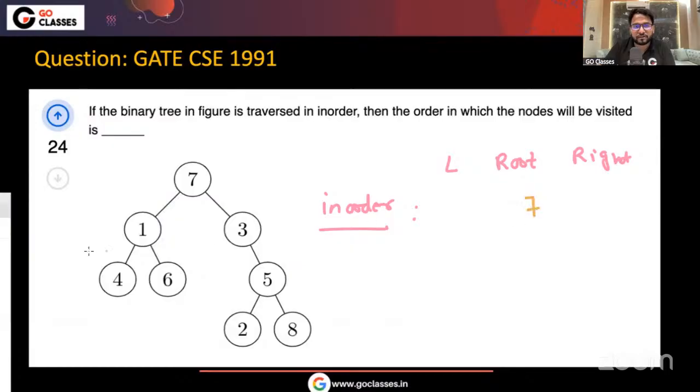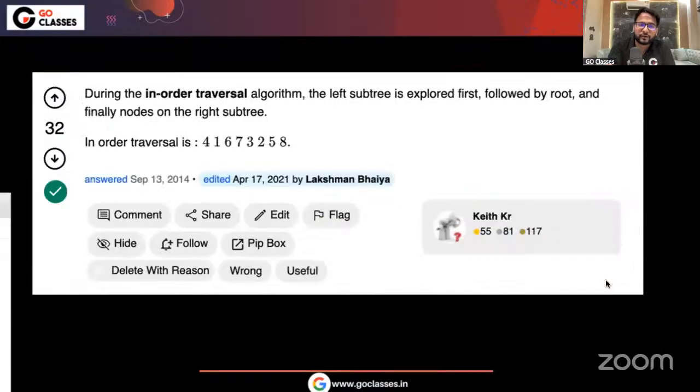On the left there will be three things. Here also left, 4, root, and right. On the right, basically this. Here left is nothing, and then root. On the right, this whole thing is there. Here also left, root, and right. So 4, 1, 6, 7, 3, 2, 5, 8. This is the answer.